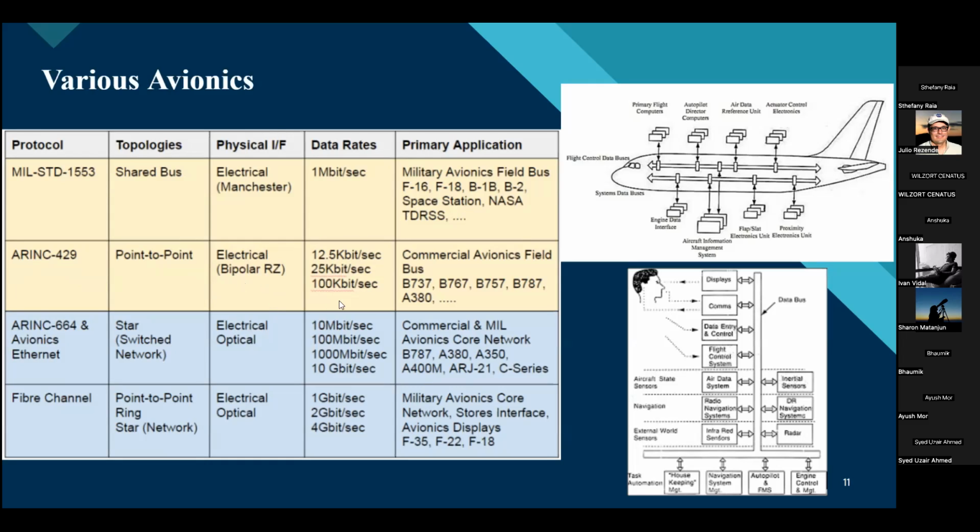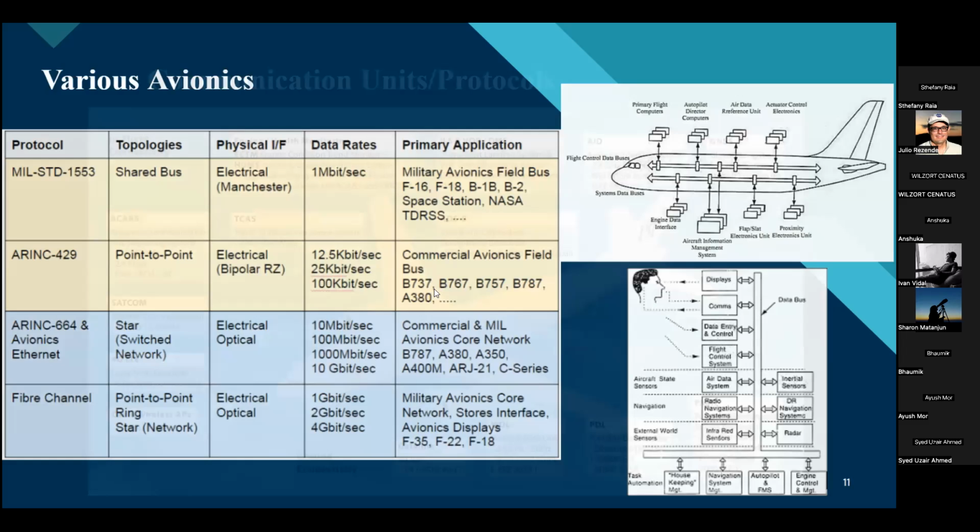And it can run at a max of 100 kilobits per second, and it's mostly used for commercial avionics. And then we have the various protocols also. And on the right hand side, we have an aircraft and various avionics systems used in an aircraft. We have a primary flight computer, autopilot, air data, and other flight control databases.